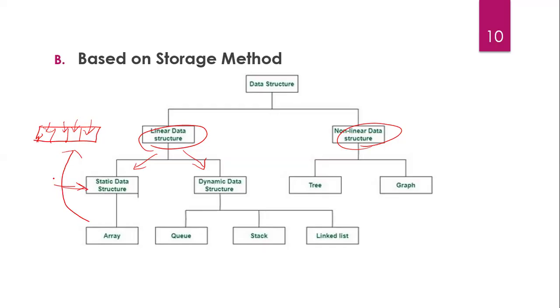No, sir. We cannot increase this storage, this memory, in the array. If there are only 4 memory allocations, then we can store only 4 data, maximum. We cannot store other data. If the fifth data comes, we cannot store it in this array.